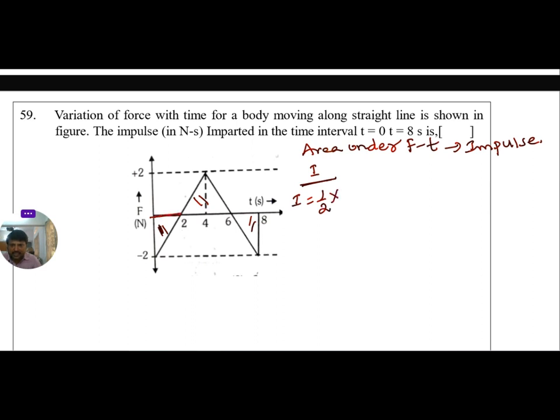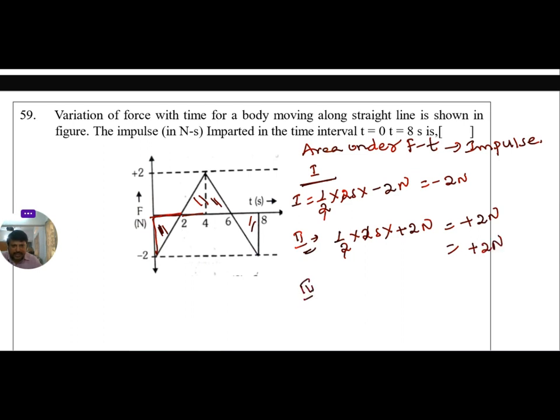So base is 2 seconds into height, this is minus 2 Newton. 2 gets cancelled, that is equal to minus 2 Newton. Then second, here calculate the area. Here also, half into base is 2 seconds into height, that is plus 2 Newton. So 2 gets cancelled, this is equal to plus 2 Newton. If you calculate this one, this is also plus 2 Newton.